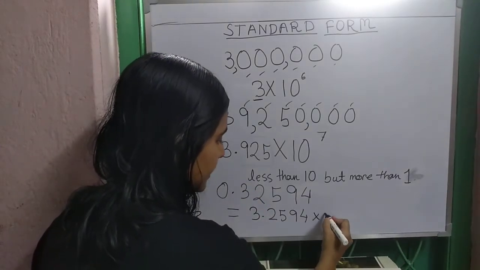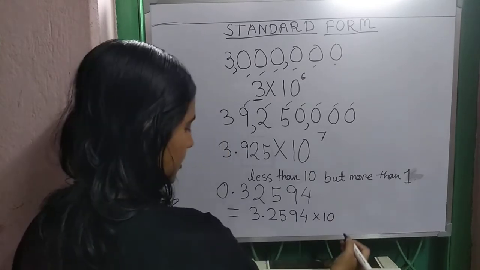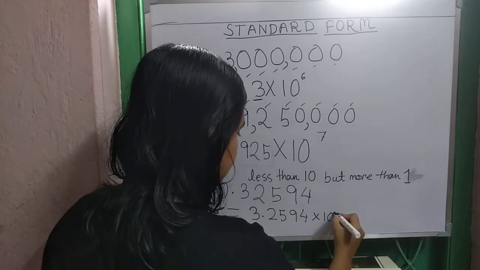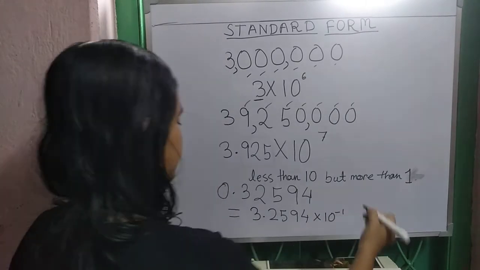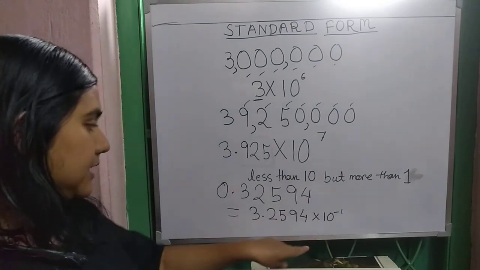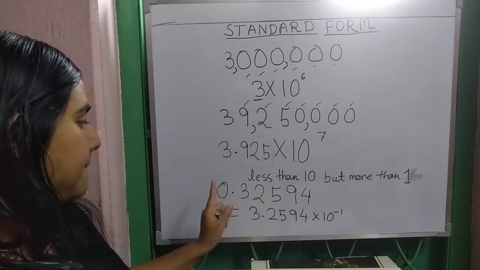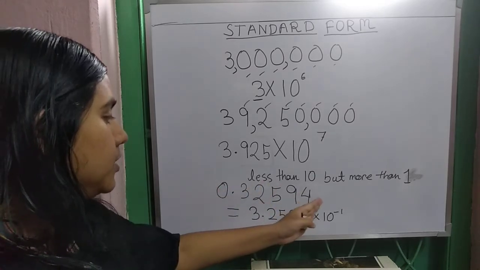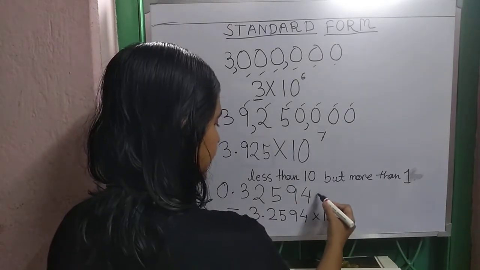So this will become 10 to the power minus 1. Okay, why minus 1? Because first you have to multiply this number by 10. What is the process behind it?